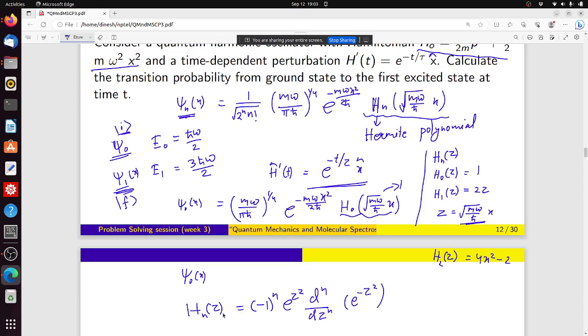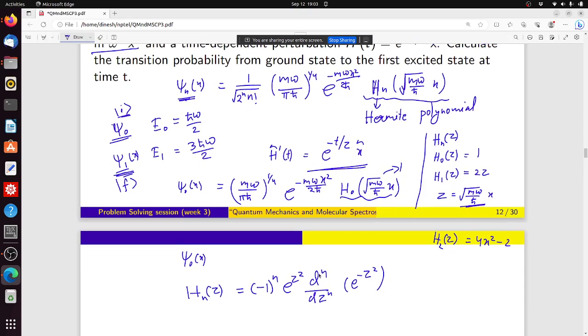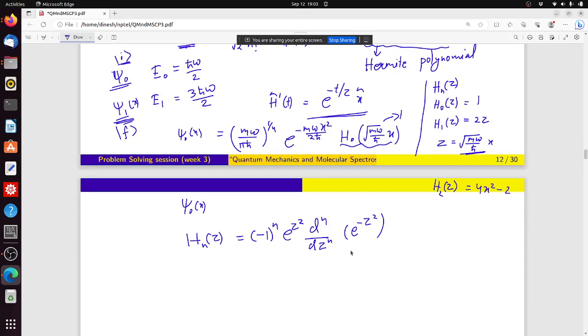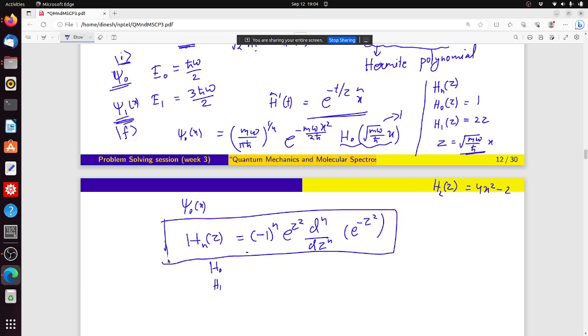So by substituting n, that means you have to do that many derivatives, then from that you can get H of 0, H of 1, like that. This is the general form of the Hermite polynomial. So I have just written down H of 1 and H of 0, so you don't have to worry.